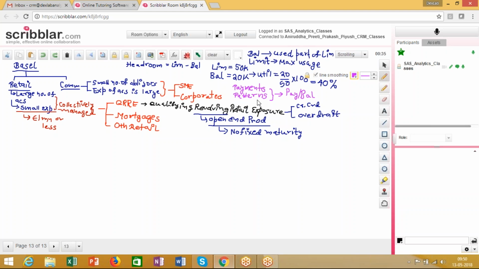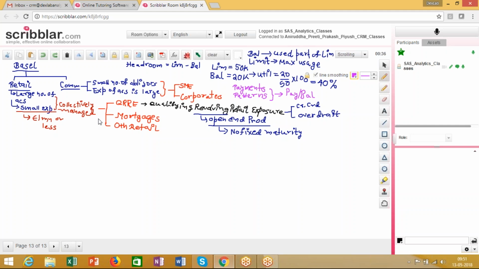Say, for example, how do I identify a very risky borrower from a low risk borrower? One very simple way to do this identification is to look into the utilization and look into the payment balance patterns. If the guy's utilization is high as well as his payment balance ratio is also high, then I know that this guy is using the credit but he's paying it back in time.